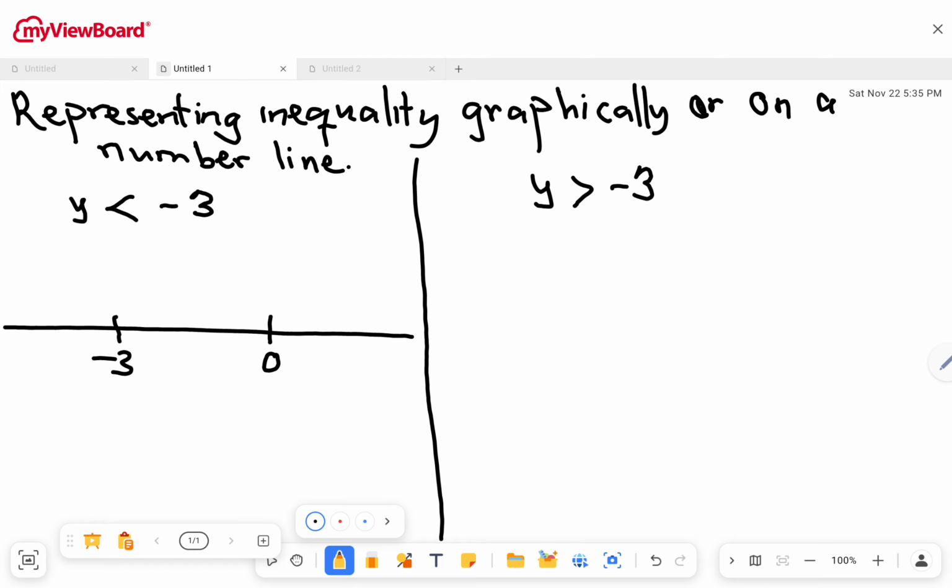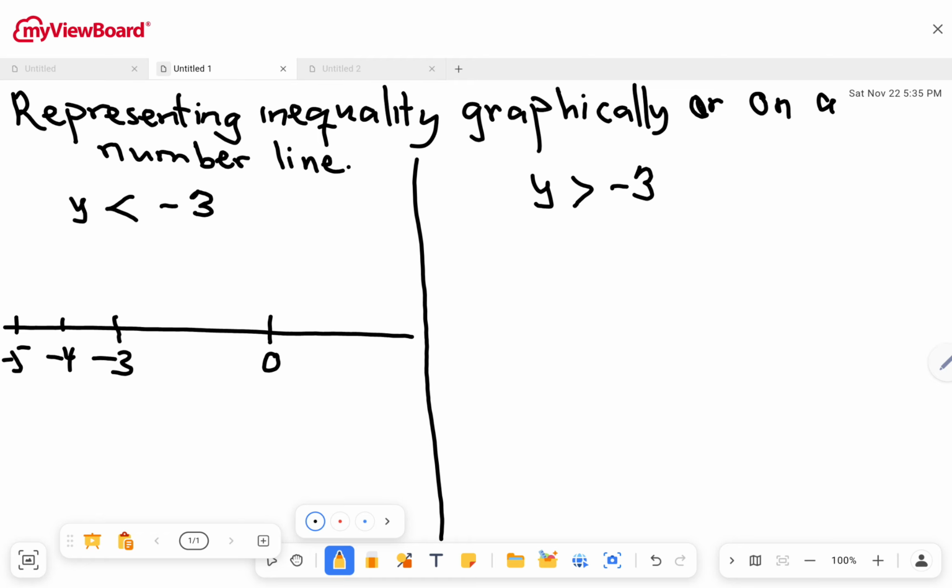And what we are seeing here is y is less than -3. So, y is less than -3. Which numbers are less than -3? From what you learned, -4 is less than -3. -5 is less than -3. -6 is less than -3. And all these numbers can be on the left hand side like this.